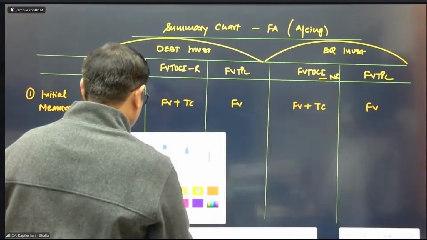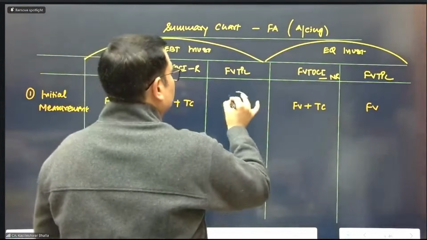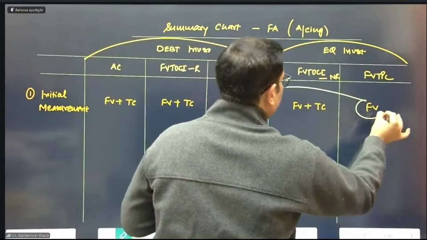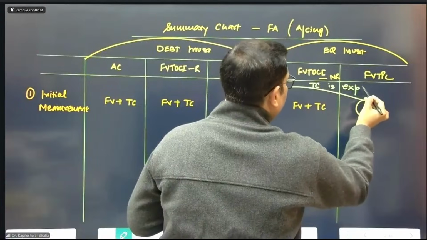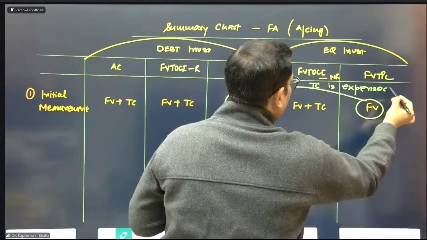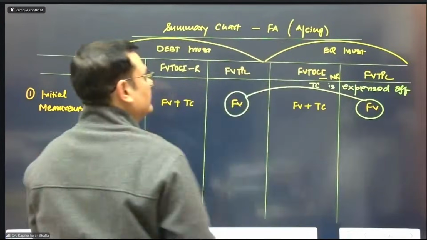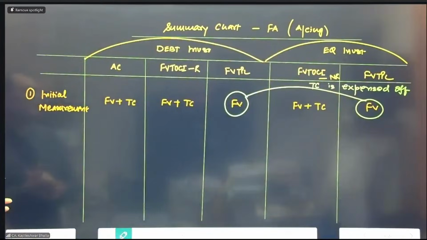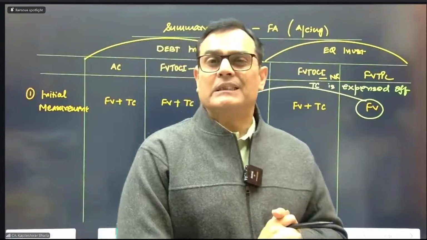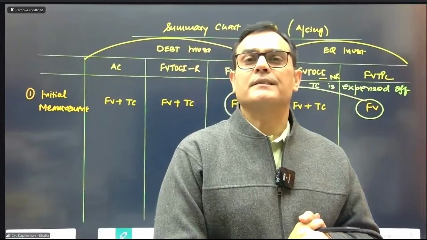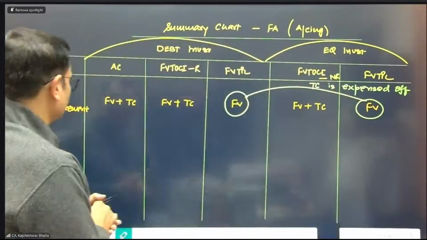Just to put that mark very clear, these are the 2 cases where TC is expensed off. That will give you clarity of thought that in terms of FVTPL, whether it is debt investments or equity investments, the TC gets expensed. In all the other cases, it gets added. Let's go to the next one.